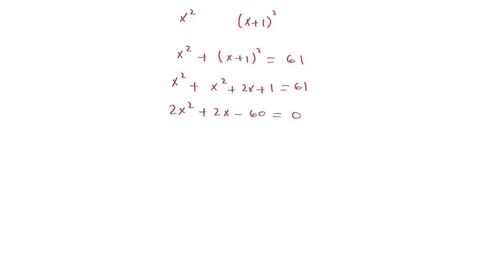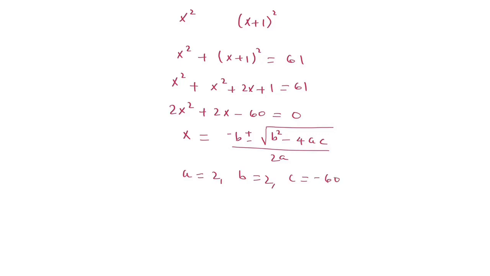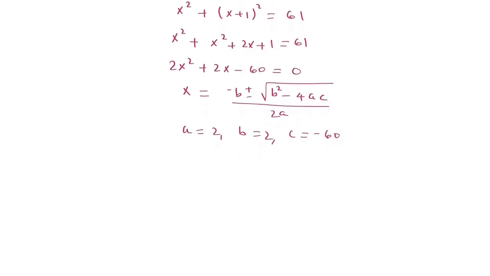Now let us recall the formula for solving a quadratic equation, which says x equals negative b plus or minus the square root of b squared minus 4ac, over 2a. From our equation, a is 2, b is 2, and c equals negative 60. So let us use these values in our formula.